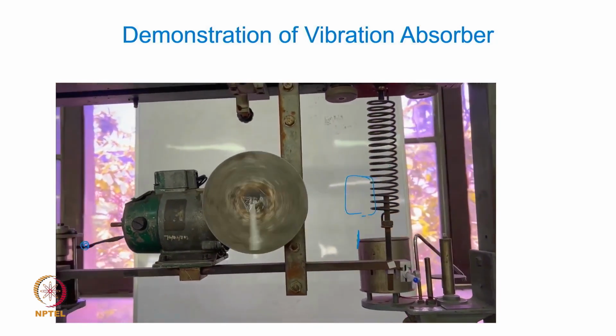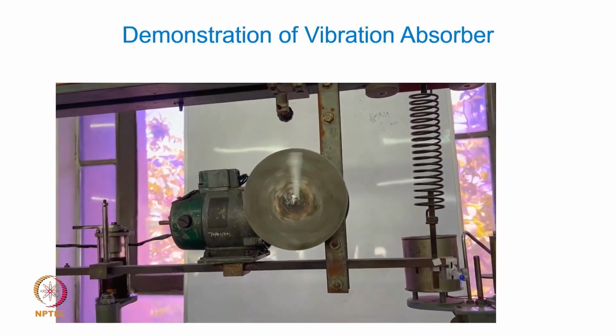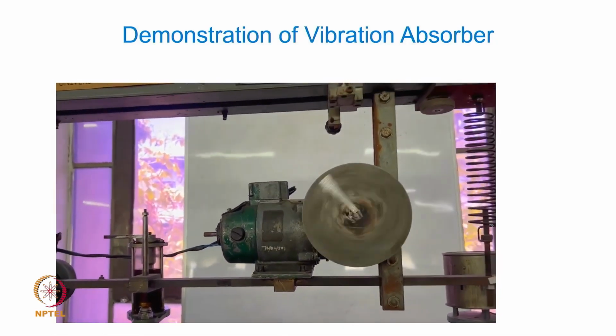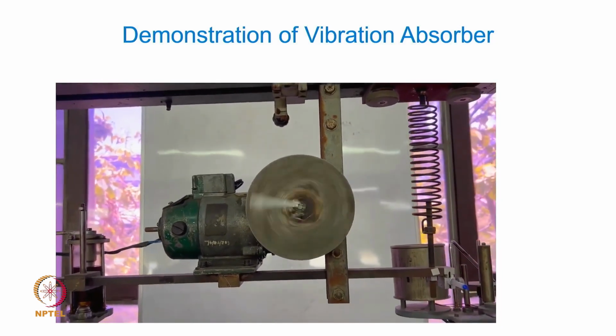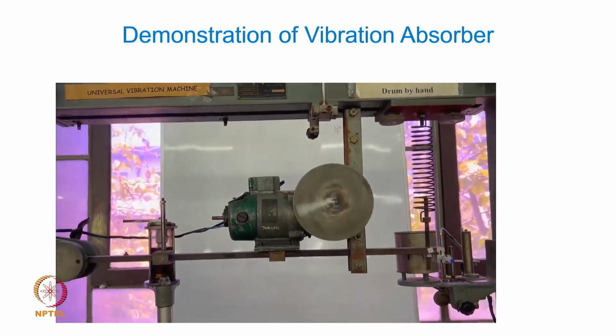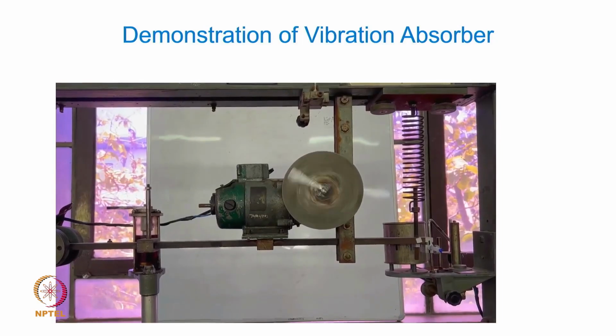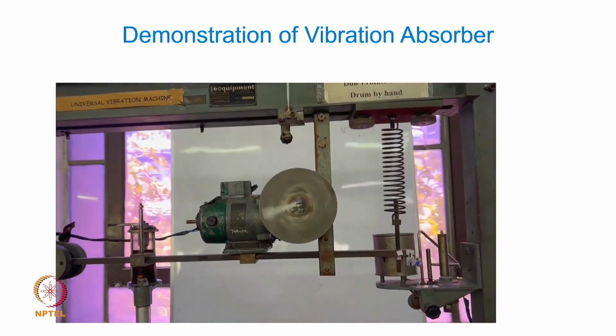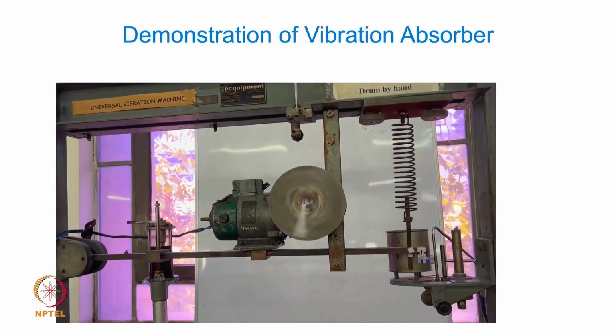So it is supported by a spring at the tip here, and if I rotate this disc which has an unbalance located, it excites this beam, and the forced vibration response of this simple system, you can view that here.